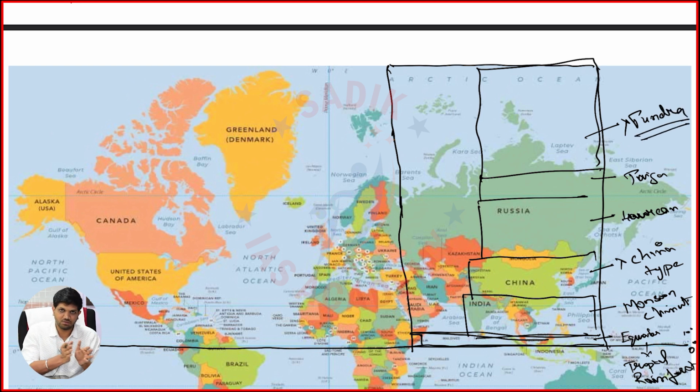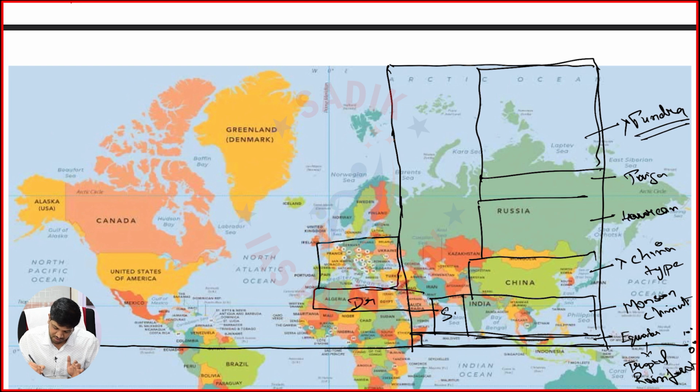And if you go sidewise, here there will be savanna type climate, and here it is desert, savanna, desert, and if you go up here there will be Mediterranean climate, and here it is British type climate, and above this it is steppe climate, and above this is nothing but Siberian climate.